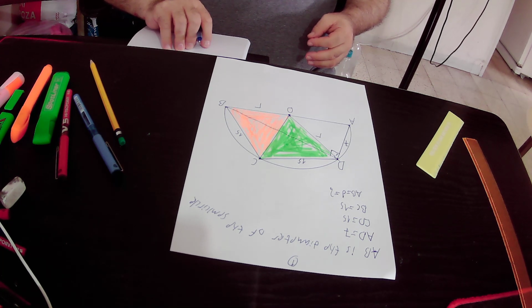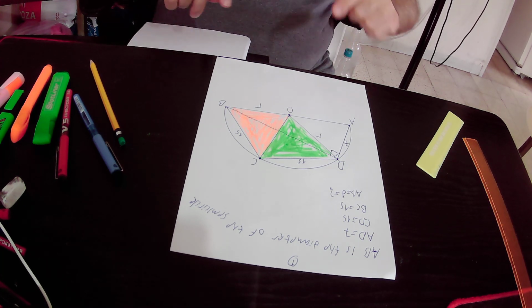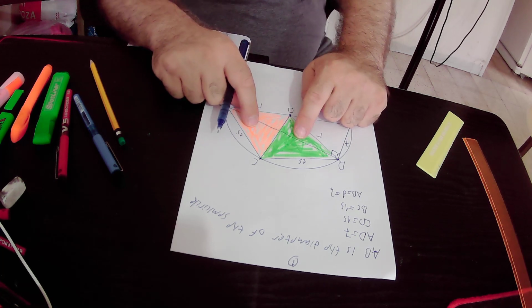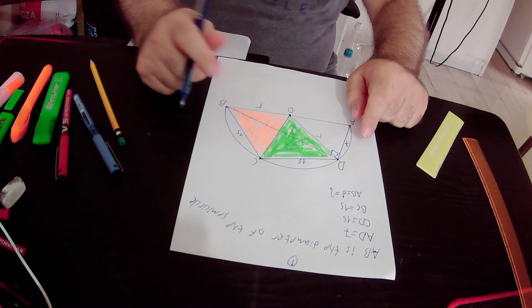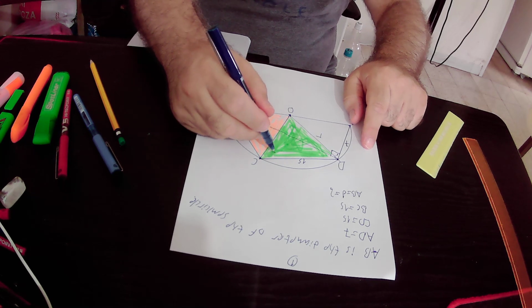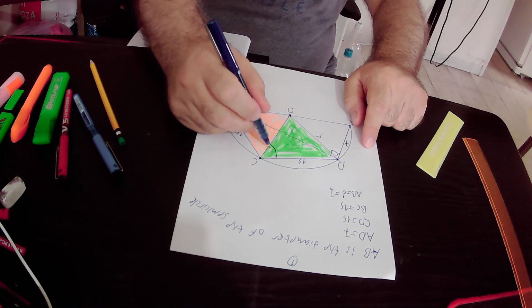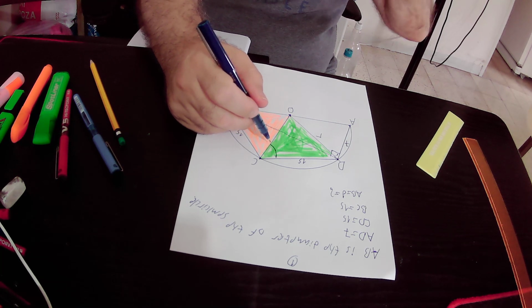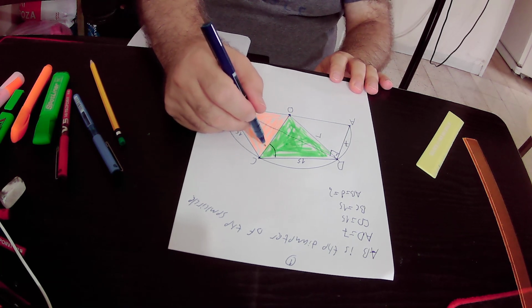So from the fact that those two triangles are congruent to each other, we can deduce that angle OCD, this angle of the orange triangle, equals angle OCB of the green triangle.